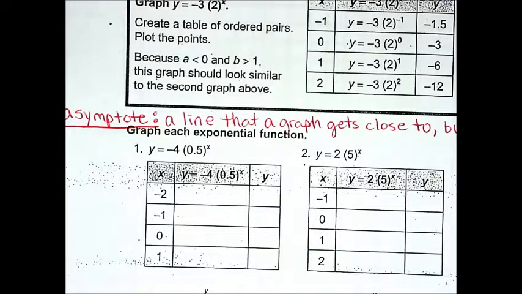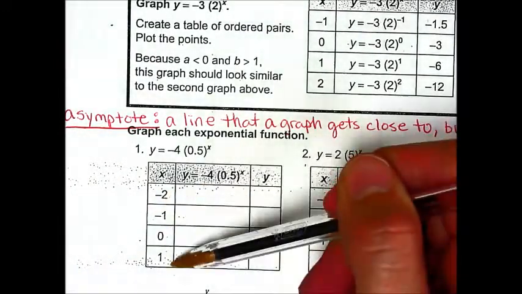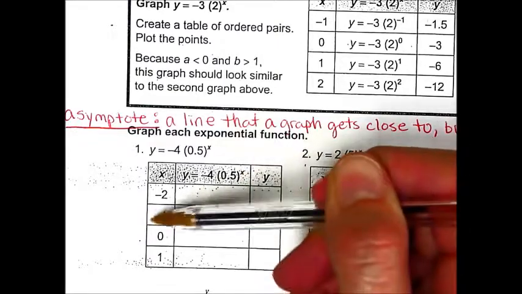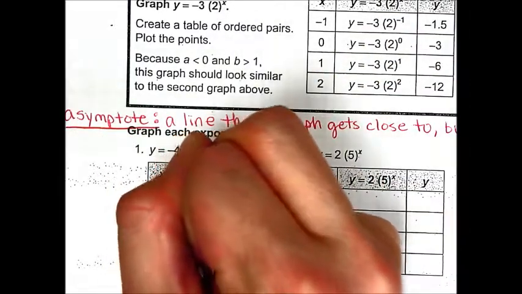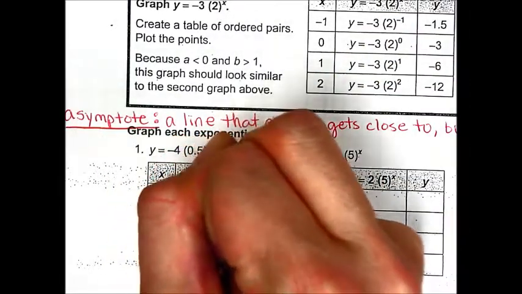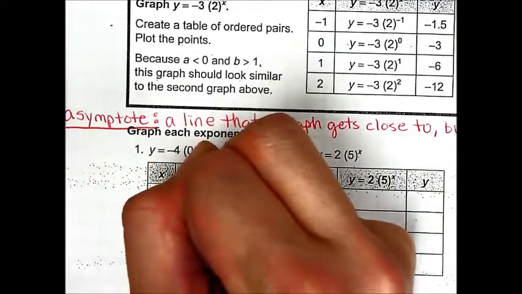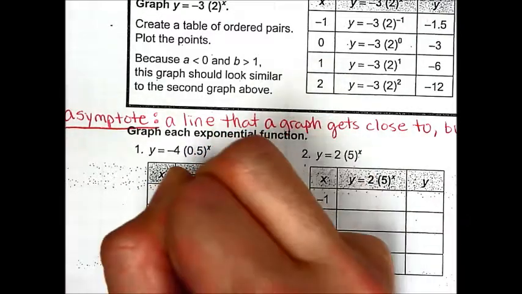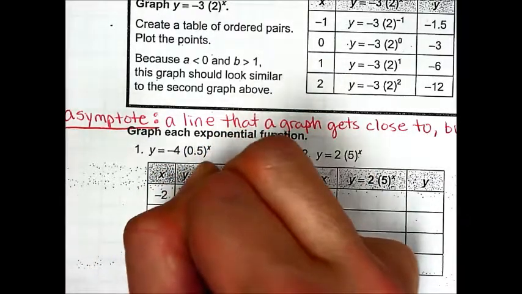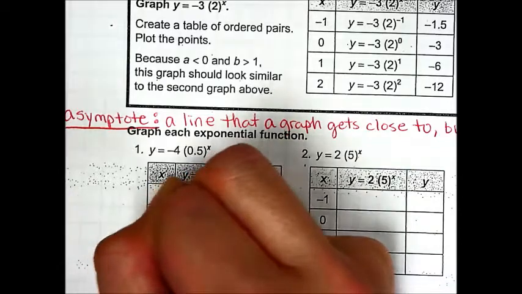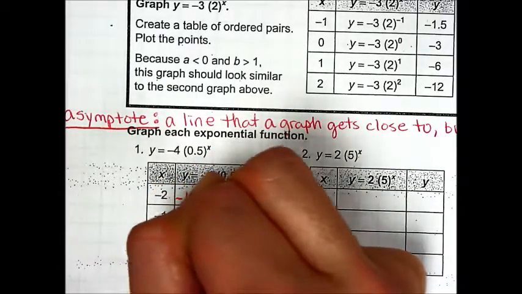Okay, now honestly, you're kind of excited when you get decimal ones because decimal ones are ones that you actually can type into your calculator because you're expected to get decimal answers. So all you're going to do is keep replacing the x value, that exponent right there, with these numbers. So fill this in real quick. We're going to do -4 times 0.5 to the negative second, -4 times 0.5 to the negative first, -4 times 0.5 to the 0, and -4 times 0.5 to the first.